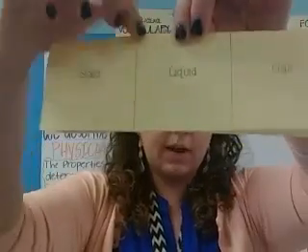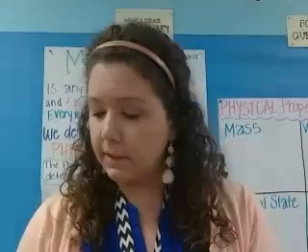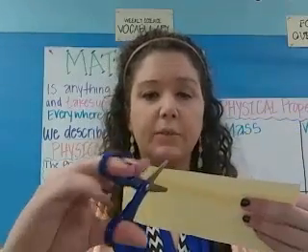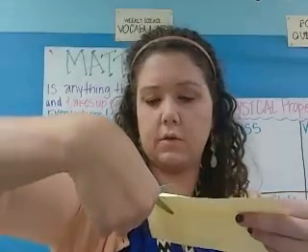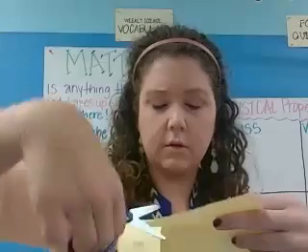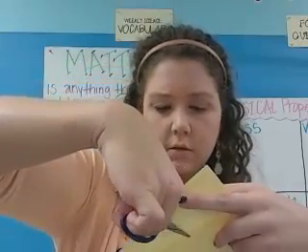Okay, then you see how I have the line here and then the line here. Okay, I'm simply going to now make sure I'm not cutting the back part. I'm just cutting the flaps right here. Okay, so I'll cut here and here.